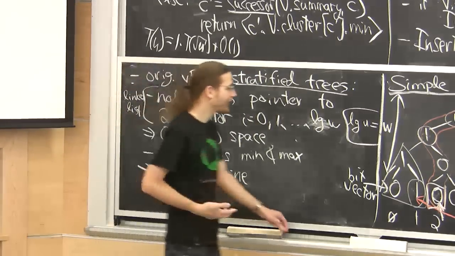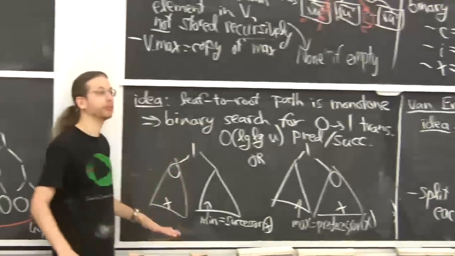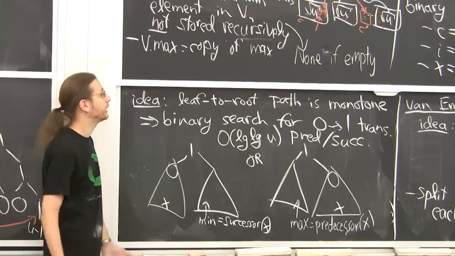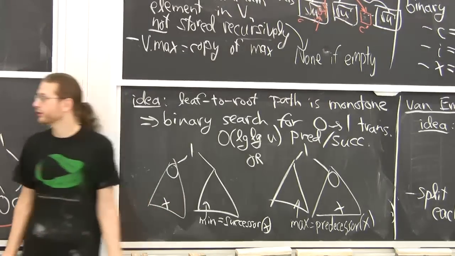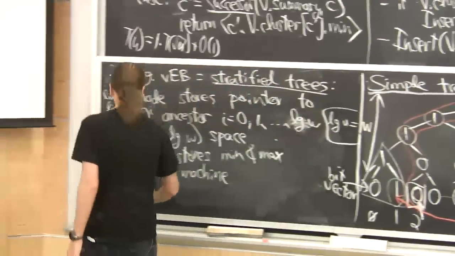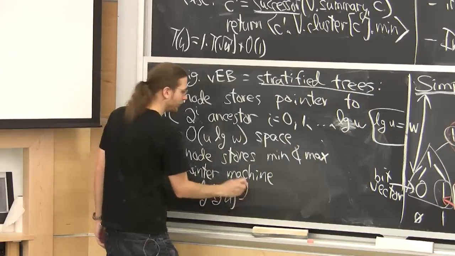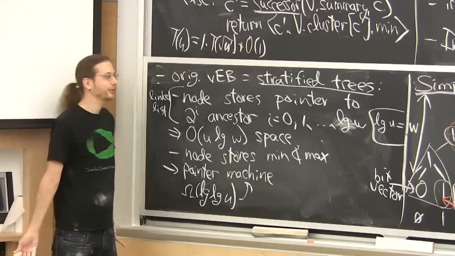That's kind of a limitation of the pointer machine. And you can actually show in the pointer machine log log u is optimal for any predecessor data structure. So there's a matching lower bound in this model. And you need u space, so it's not very exciting.